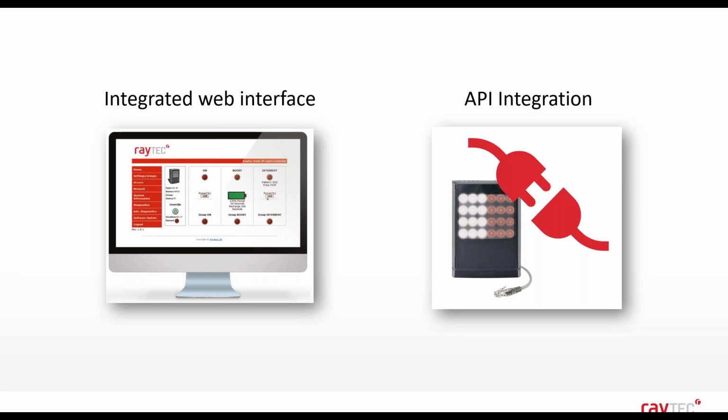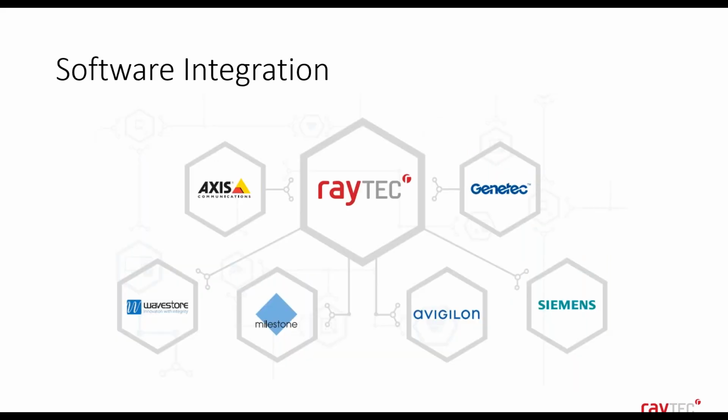The second method of control is via API integration. We, again, are quite proud of the integrations that we have. Just to name a few, we've got Axis, Genetec, Wavestore, Milestone, Avigilon, and Siemens surveillance software. This kind of falls under two categories: what we would describe as an edge-based application and a full-blown VMS integration. So Axis, for example, we integrate with the Axis ACAP platform. This would allow your camera to talk directly with the lamp, which is probably quite perfect for this type of situation.